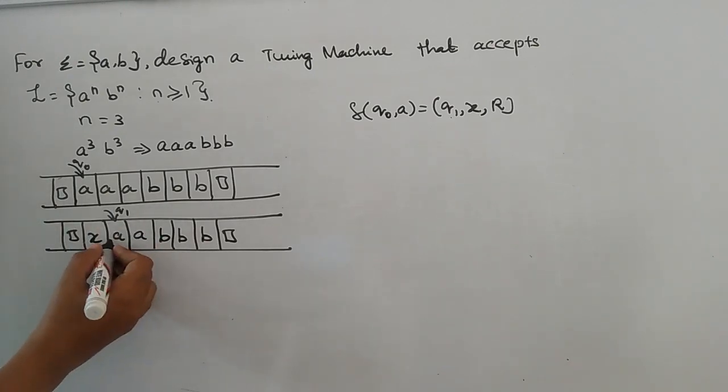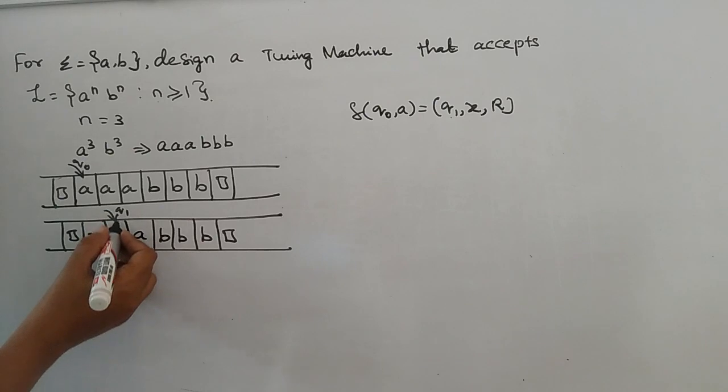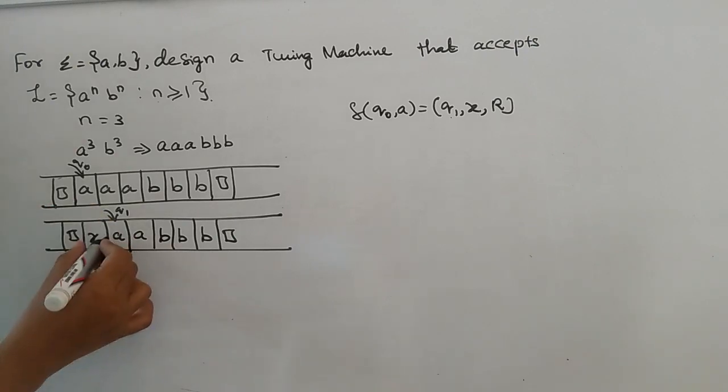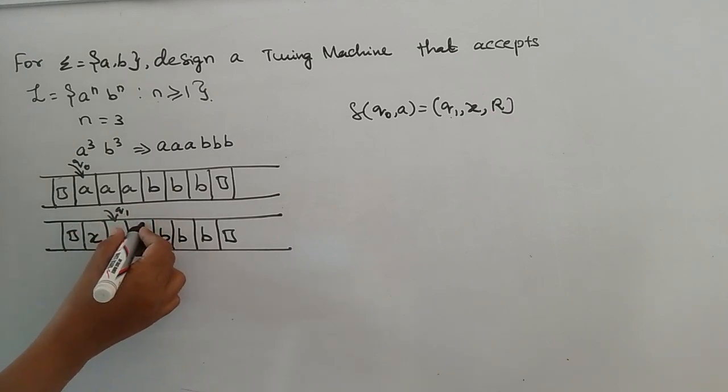So if the machine is in the state q1 and the symbol a is encountered, instead of replacing it, I simply move my read write head towards right.